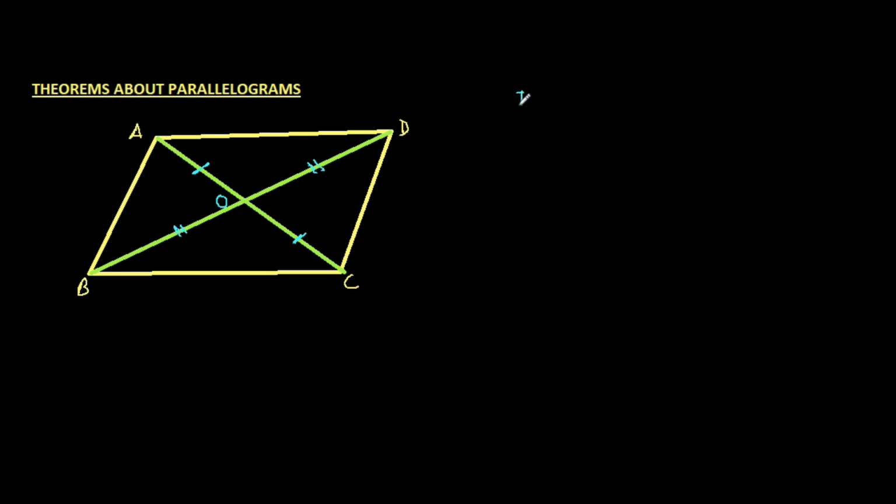So we say that in triangle AOD and triangle BOC, what do we have? We know that BO is equal to OD, and that has been given to us, so we can write that given.